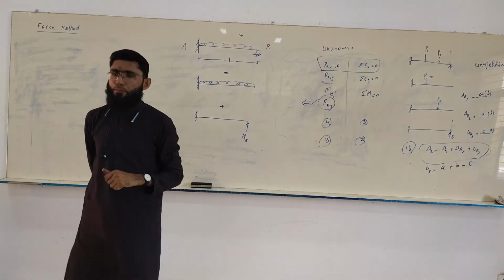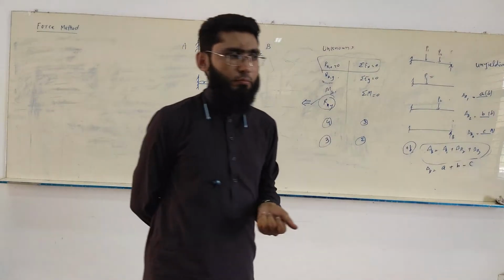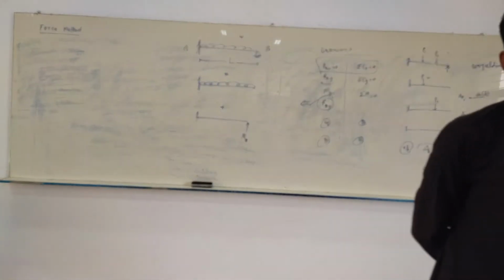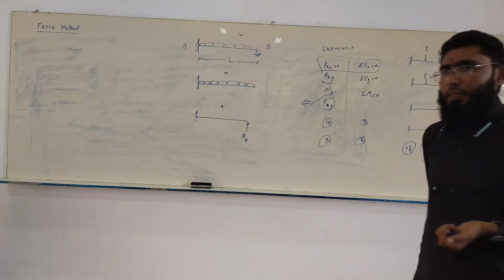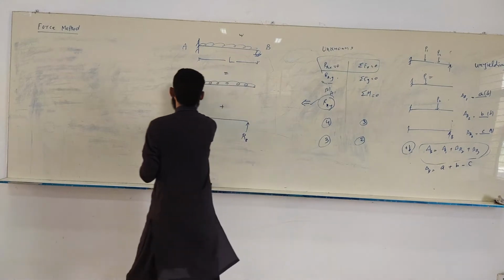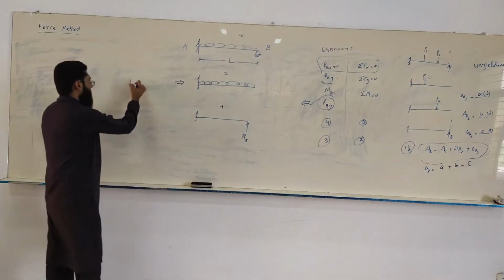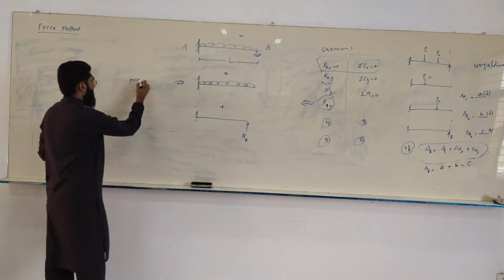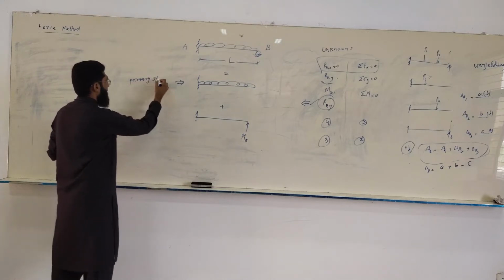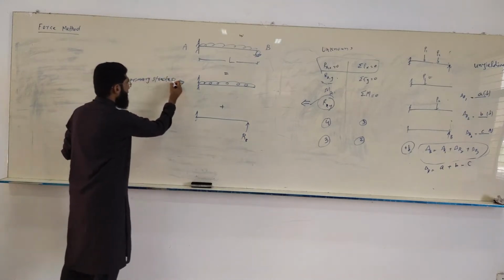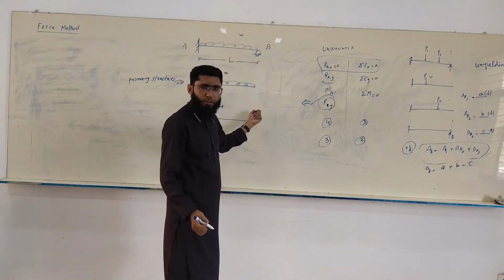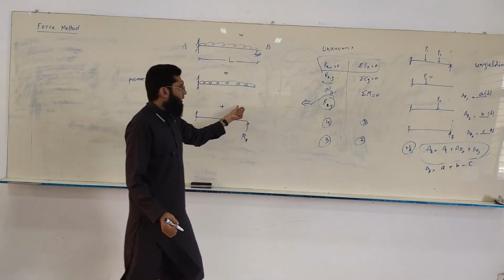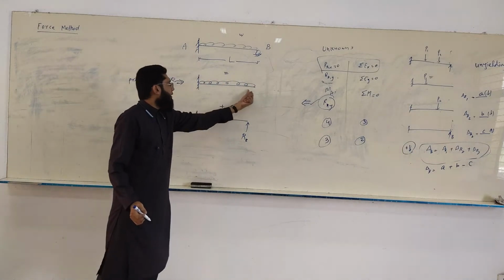Is there any problem with this breakdown? It's fine. We're just using the principle of superposition. Nothing wrong. Okay? This structure, which is obtained after at least temporarily removing the redundant, the remaining structure is called the primary structure.